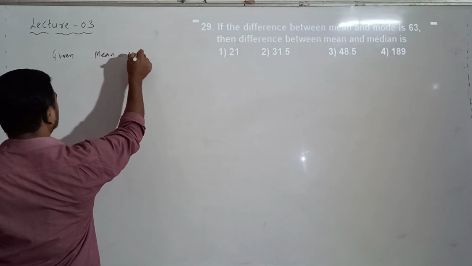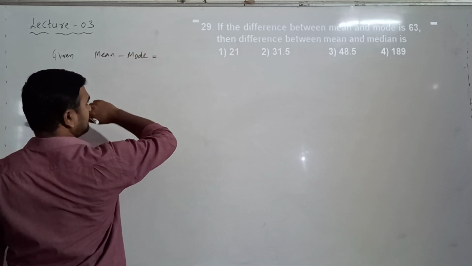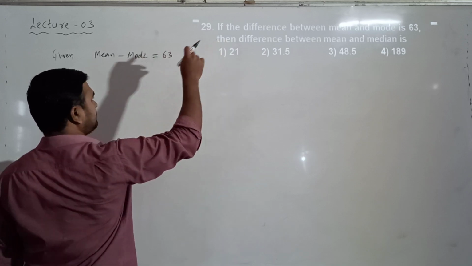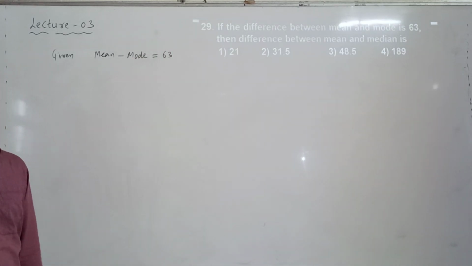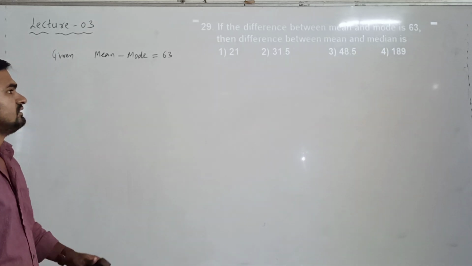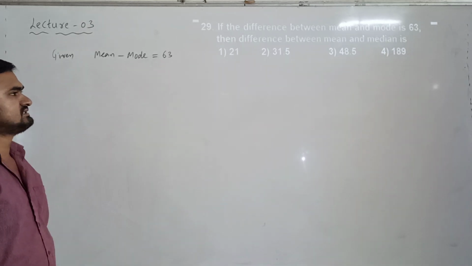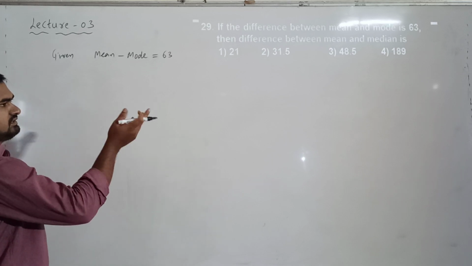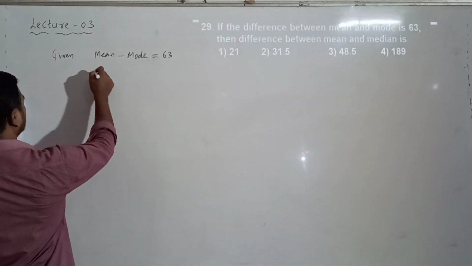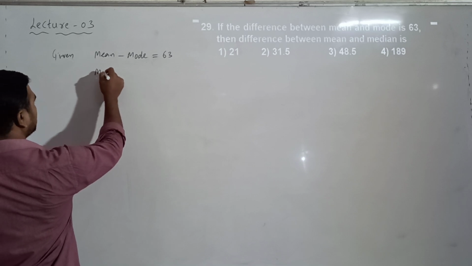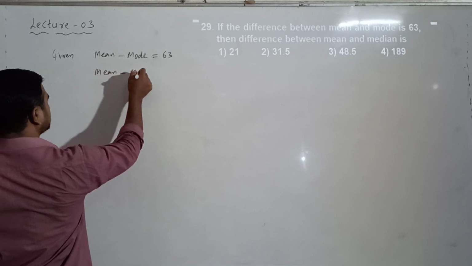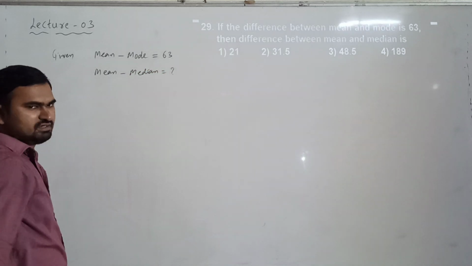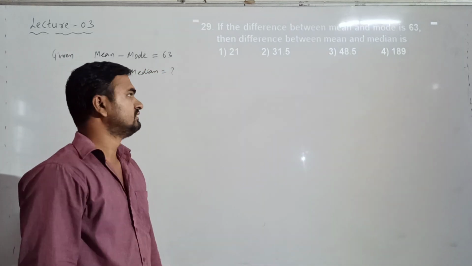Mean minus mode or mode minus mean, any order we can take, because only the difference is given, not the order. So mean minus mode is 63. Then we have to find the difference between mean and median, mean minus median or median minus mean. Again, order is not required.